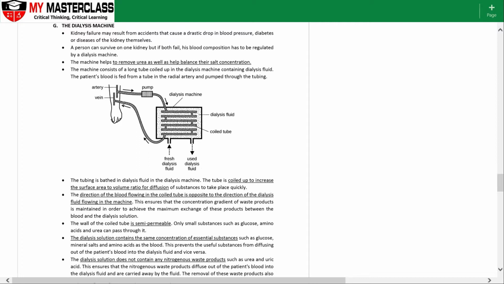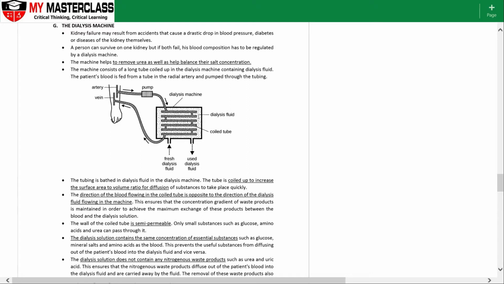So at each dialysis period, a tubing will be attached to this surgical part of the radial artery, and the blood of the patient will then be pumped out into the dialysis machine, and when it is cleansed, it will flow back into the vein of the patient to be circulated around.